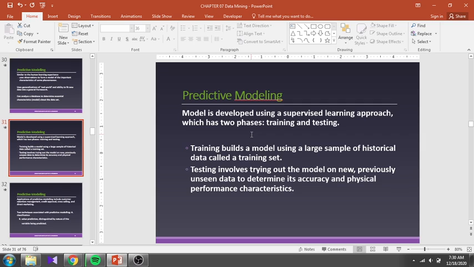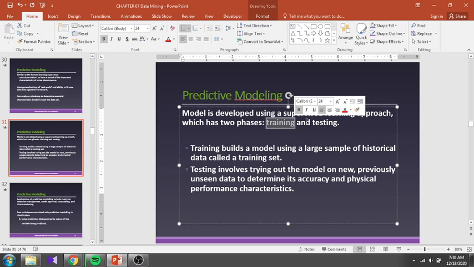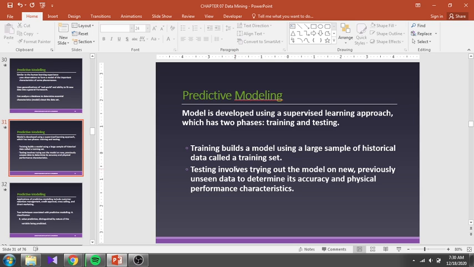The model is developed using a supervised learning approach, which has two phases. The first one is training, and the second one is testing. In training, you build a model using a large sample of historical data called a training set.